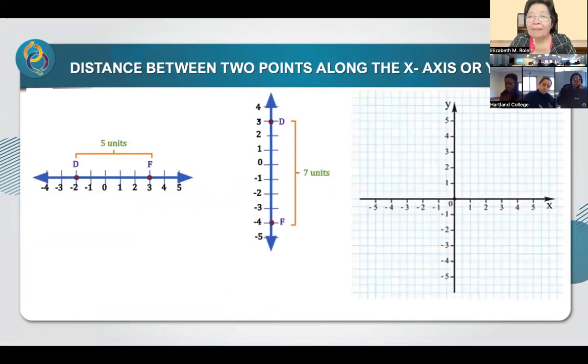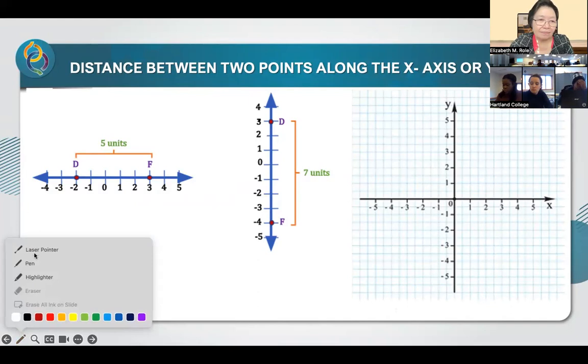All right, now, but before I proceed with more graphing, let us first discuss how to find a simple distance between 2 points along the x-axis. Yes, and definitely that's very much counting in a way. Let me use my laser pointer.